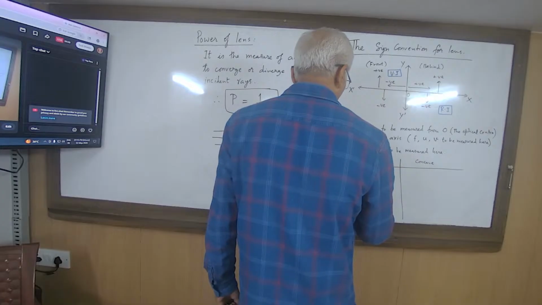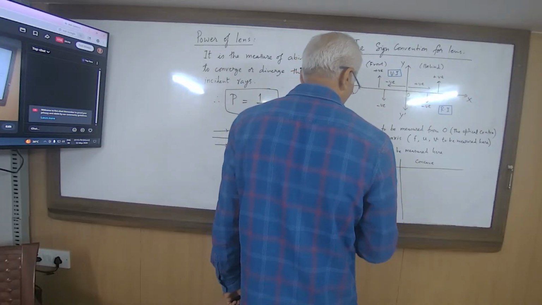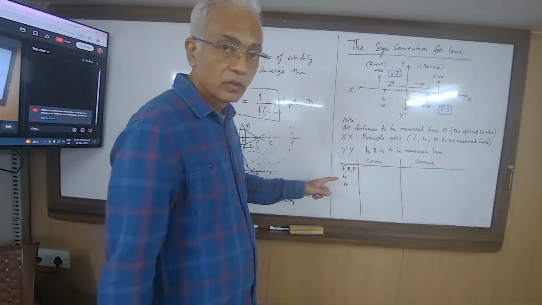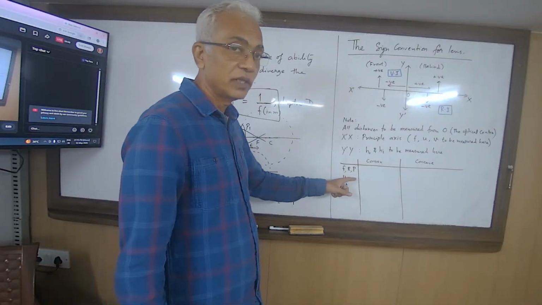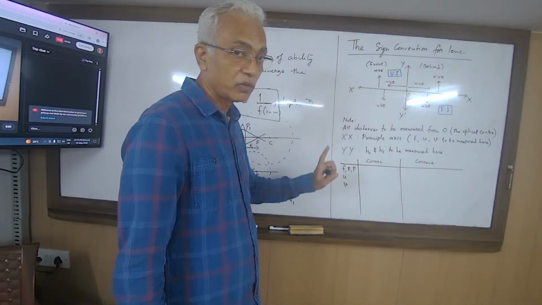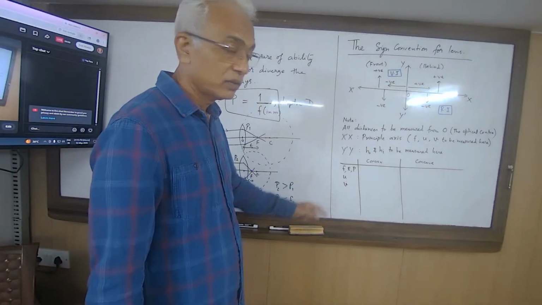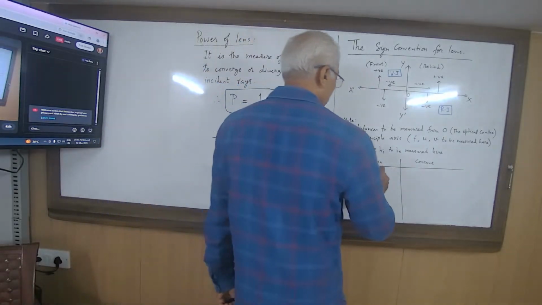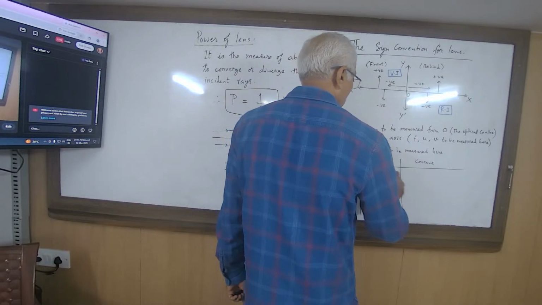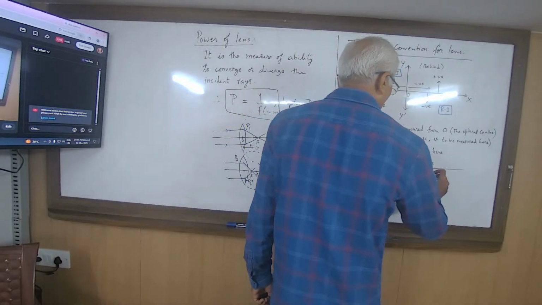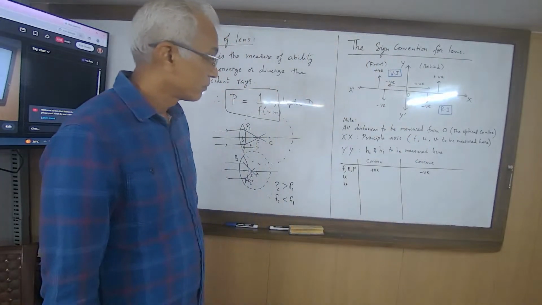F, R, and power have the same sign. जो F का साइन होगा वही रेडियस ऑफ कर्वेचर का होगा वही पावर ऑफ लेंस का होगा because P is equal to 1 by F. तो कॉन्वेक्स के लिए क्या होता है पॉजिटिव, कॉनकेव के लिए क्या होता है नेगेटिव.